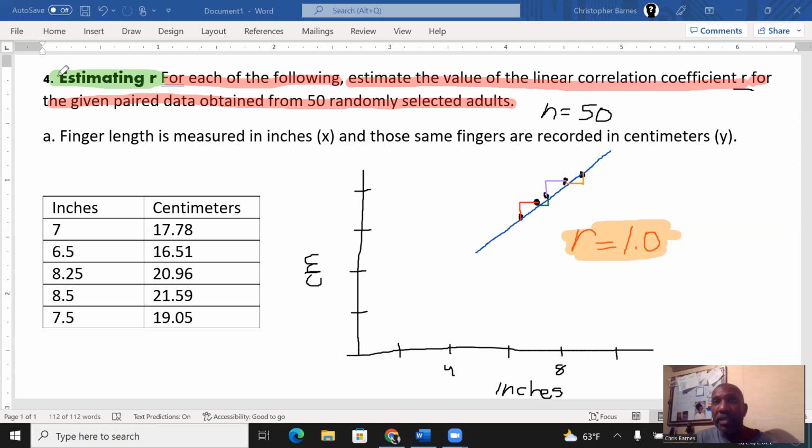If we're thinking about a person's IQ score and how many hours of sleep they had last night, I can't imagine any meaningful relationship that would exist between those two things. So I think that might be around a weak value of 0.12, close to 0. Or I might think it might be slightly negative, so it might be a negative 0.12, close to 0. I'm looking for your opinion.